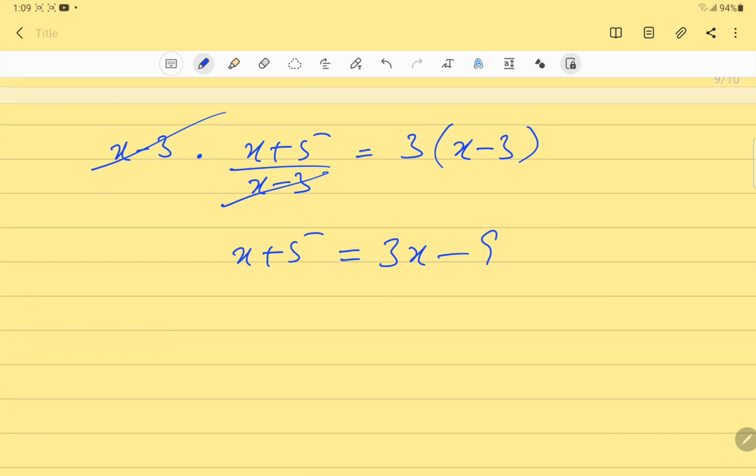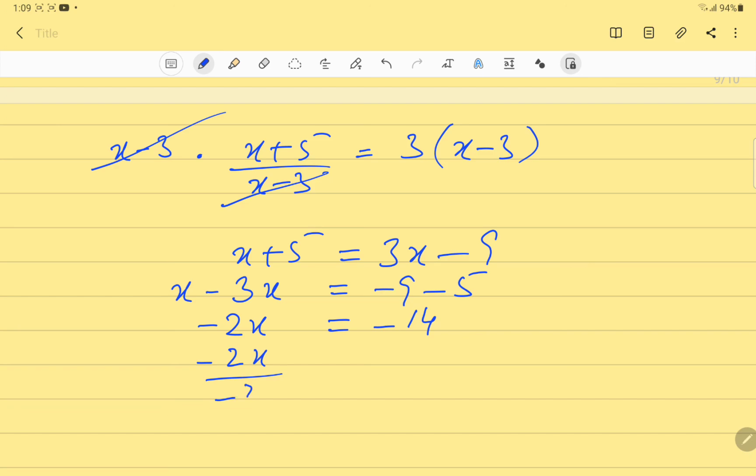Now we will gather all the x terms on the left side and all the terms without x on the right side. So when 3x comes to the left side, it will become minus 3x, and when plus 5 goes to the right side, it will become minus 5. x minus 3x is minus 2x, and minus 9 minus 5 is minus 14.